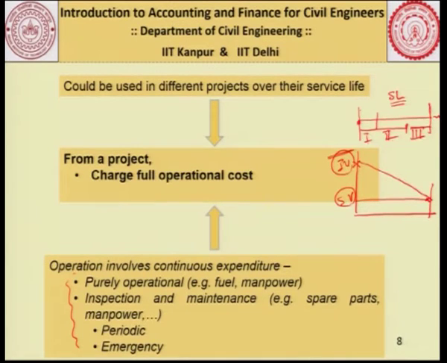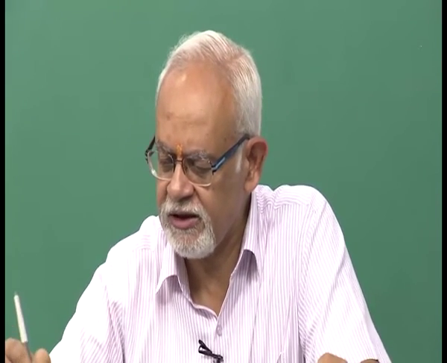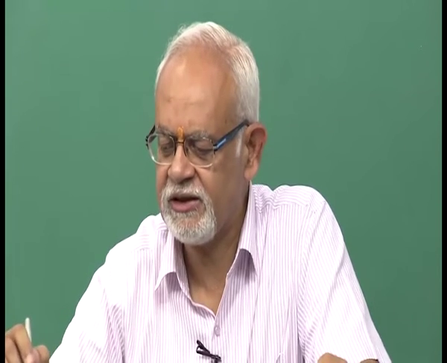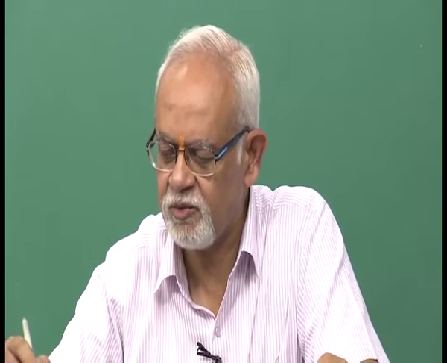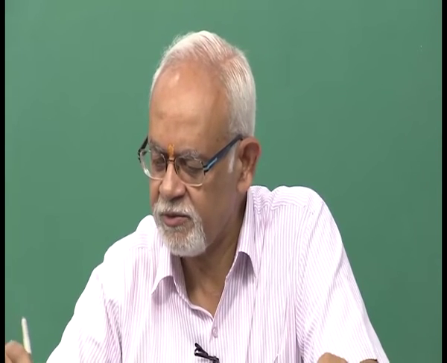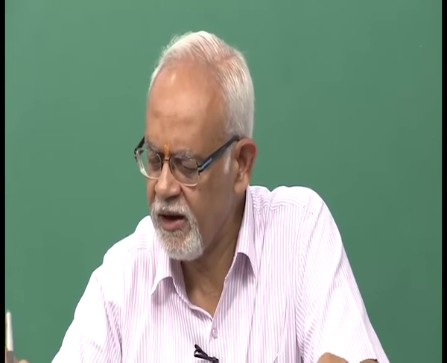And as far as the initial value of the equipment is concerned, that can be charged in a manner that only the depreciation towards the equipment cost while it is being used in a particular project may be charged. So, going back to this particular example, if in this project this is the amount of depreciation that happened, this amount should be charged to project 1, this amount should be charged to project 2, and the remaining amount here is the amount that should be charged to project 3.